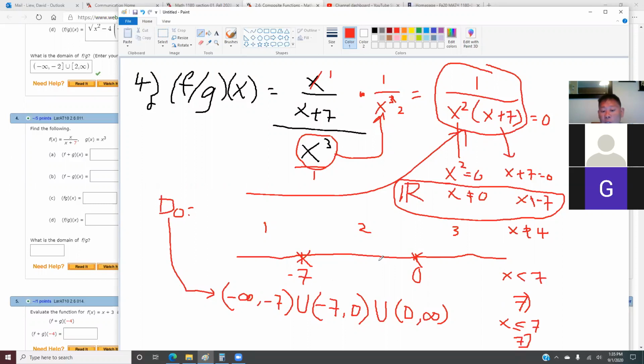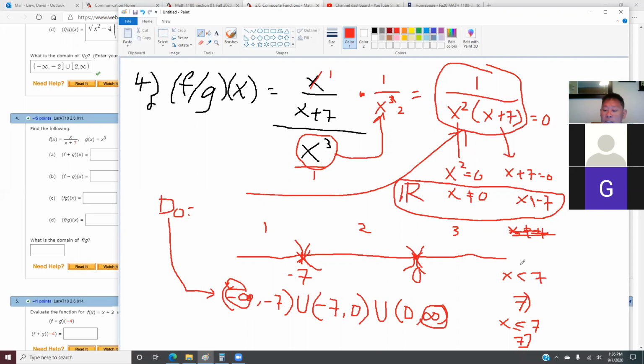Since we are not including 0 and -7 in this case, we use parentheses here. And for all infinities and negative infinities, we use parentheses because we cannot include infinity, we cannot touch it.